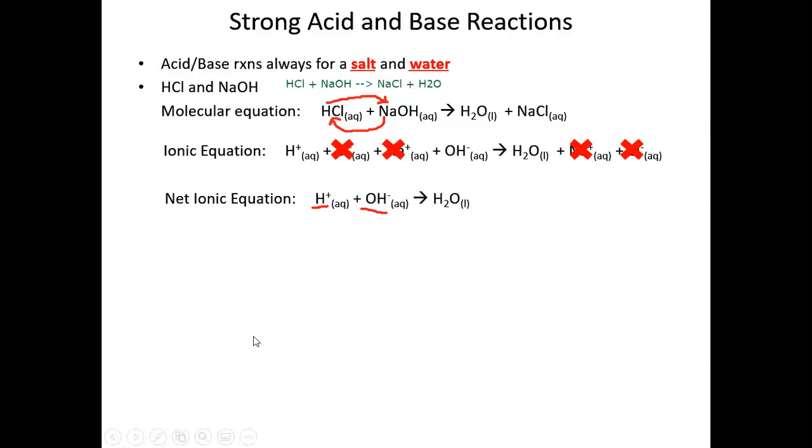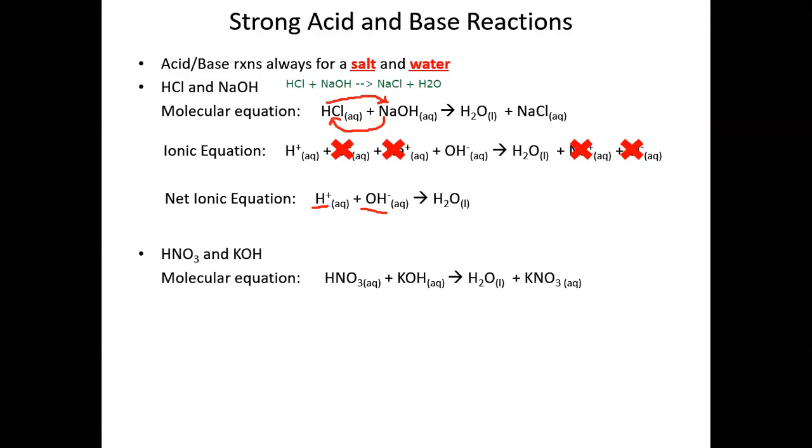Now, if we look at another strong acid, strong base comparison, here we have nitric acid and potassium hydroxide. So again, we switch the hydrogen and the potassium to form two new compounds.